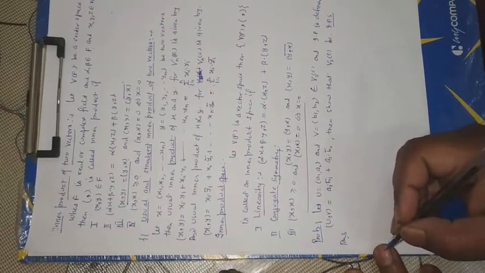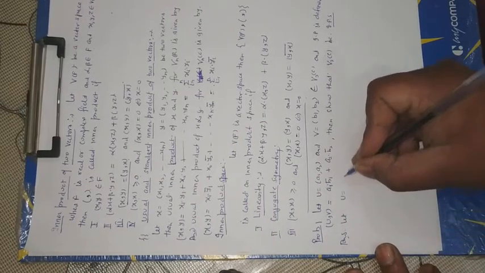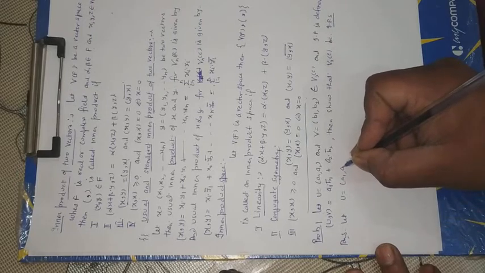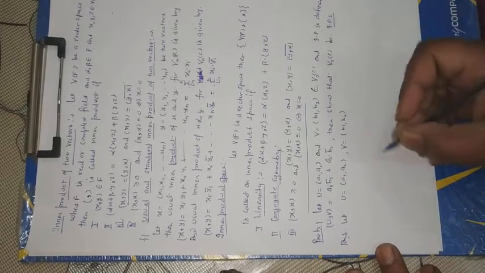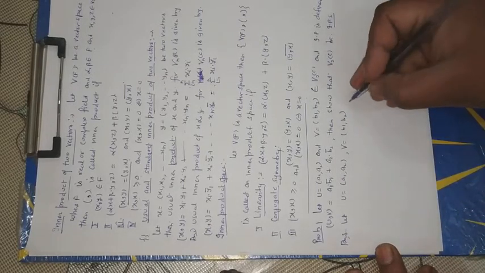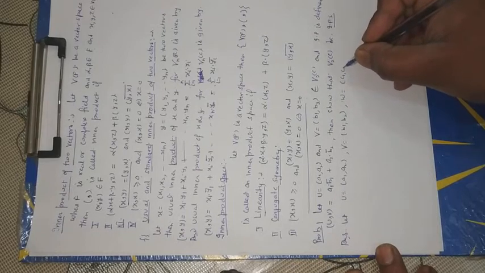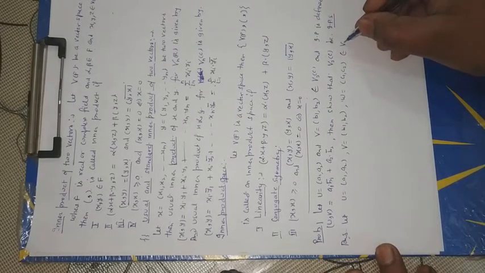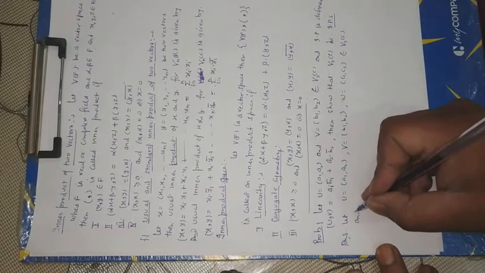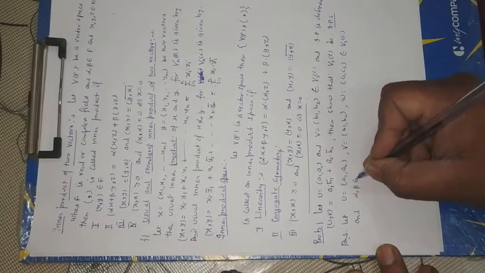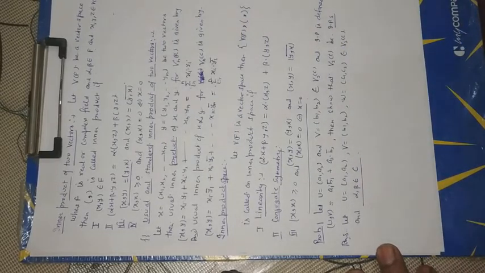Now let u equal to (a1, a2) and v equal to (b1, b2) be two vectors. Similarly, w is equal to (c1, c2) belongs to V2(C), and alpha, beta belong to C, that is, elements of the field.